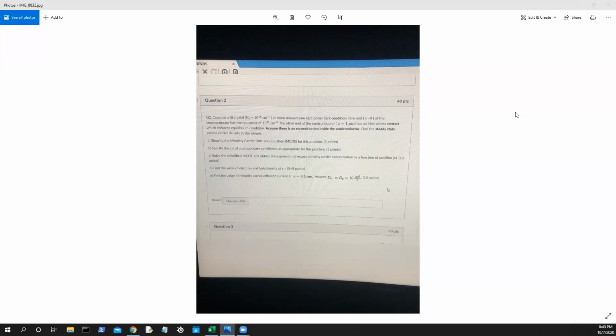But we know that ln is equal to the square root of d n tau n. So what does that mean? That means we can replace a denominator of d tau n with ln squared, because ln squared is equal to d n tau n. And that's the full simplification of this equation, and that would be what you would want as your answer for this. So that's just how you do that.